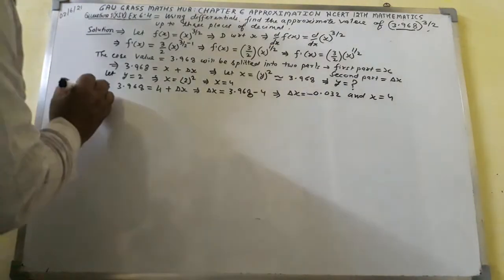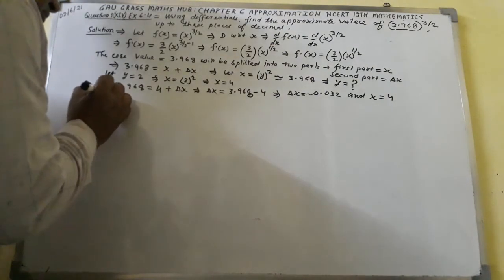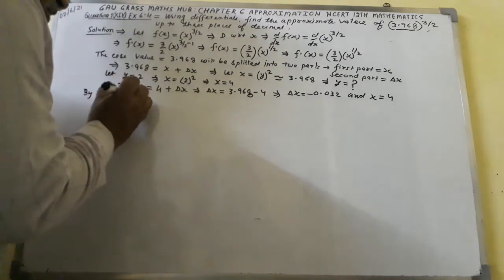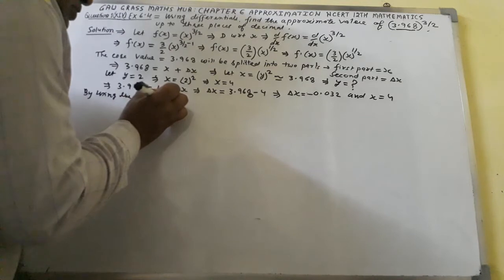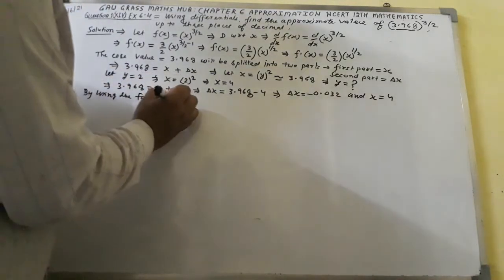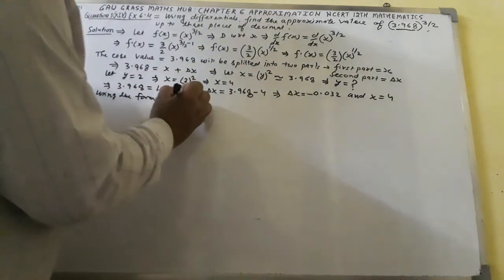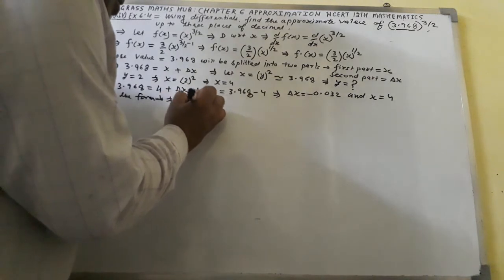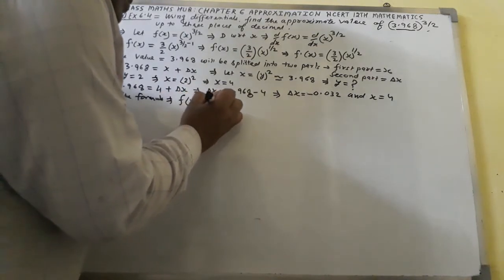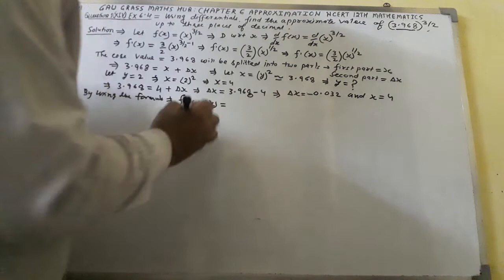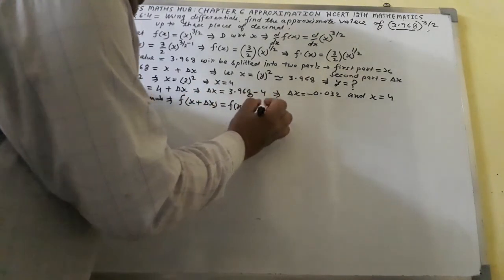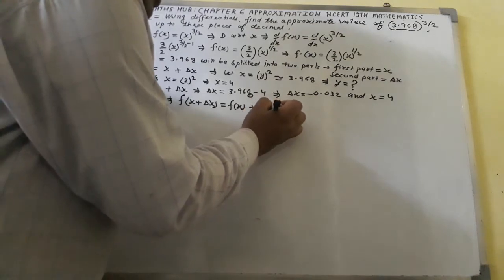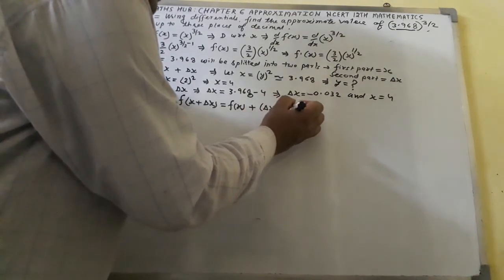Now here I shall write by using the formula, implied that the formula you have to remember. f of x plus delta x equals f of x plus, in bracket, delta x dot f dash of x.